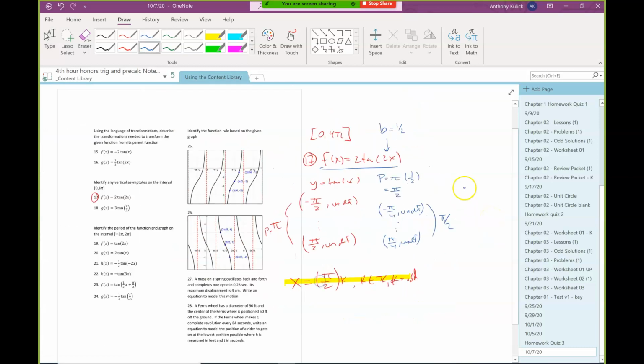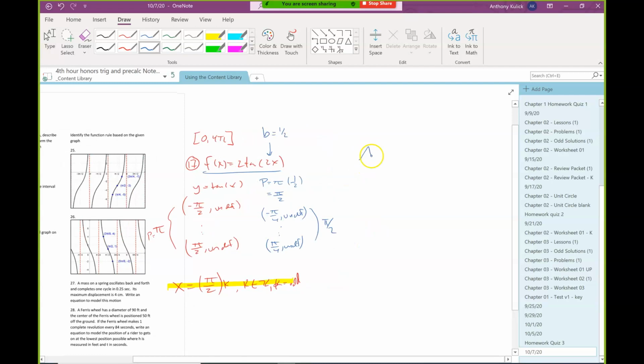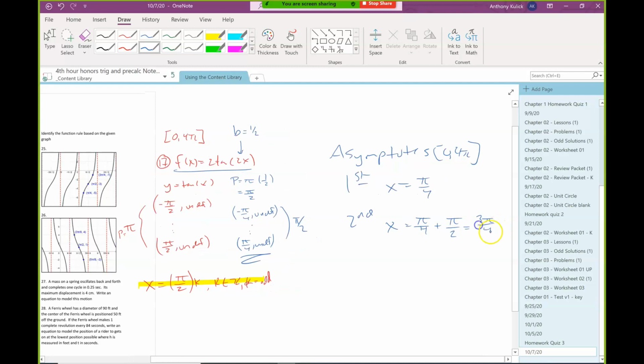So if I want all of my asymptotes on 0 to 4 pi, the first asymptote happens at x equals pi over 4. And the second one then is going to happen pi over 2 further, or 3 pi over 4.